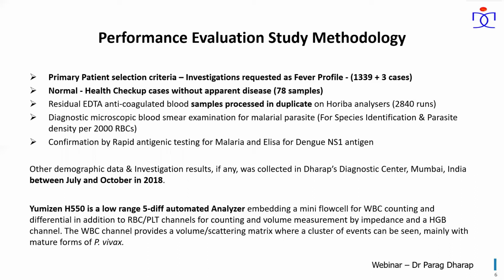For all the samples, diagnostic microscopic blood smear examination for malaria parasite was carried out, specifically for species identification and to assess the parasite density or parasitemia per 2000 RBCs.